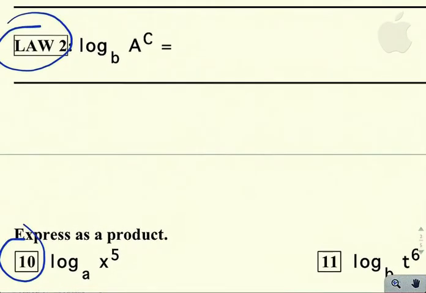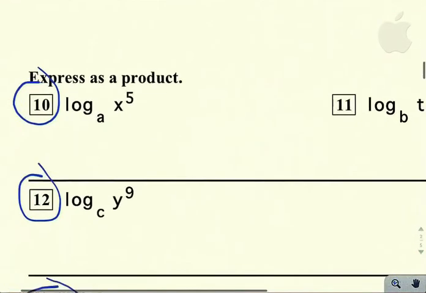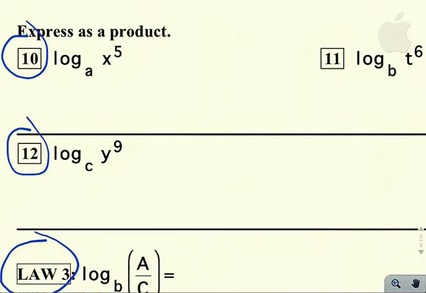Okay, law 2. Log to the base b of a to the c is c times log to the base b of a. Number 10 is 5 times log to the base a of x.